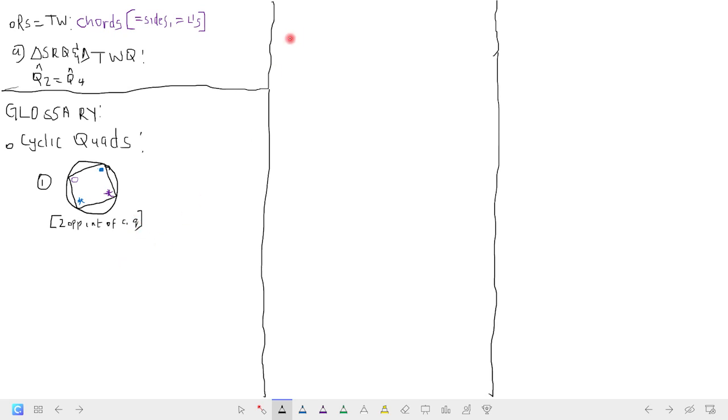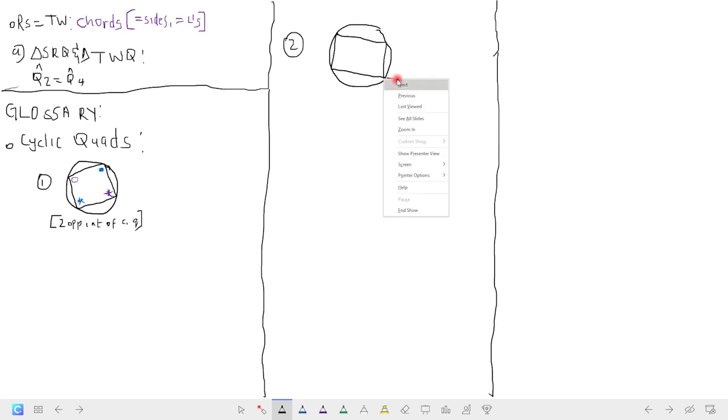Now the second shape that you're going to look for is like this. It's a circle, and in this circle there's still a chord, right? But now you can see that one side has been extended. So when you see something like that, the part where it extended is going to be the same as the opposite interior.